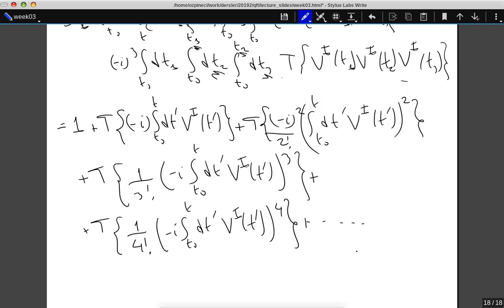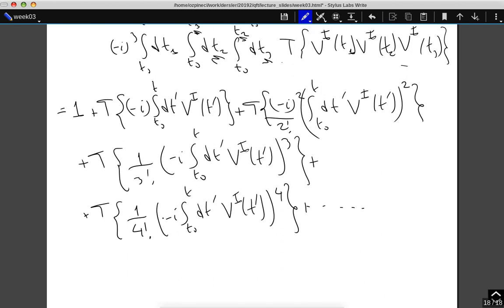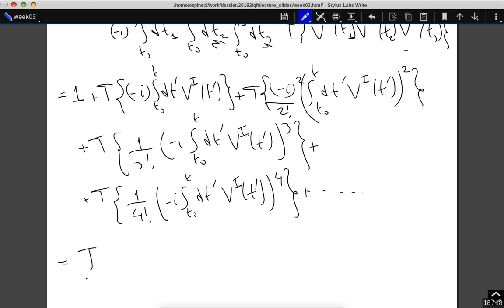I'm just defining this T thing to be linear, and it just orders the operators according to their time. But then if I take everything inside a single time ordering operator, the whole thing is nothing but the expansion of the exponential, the time-ordered exponential of minus i, t0 to t dt' V_I of t'.